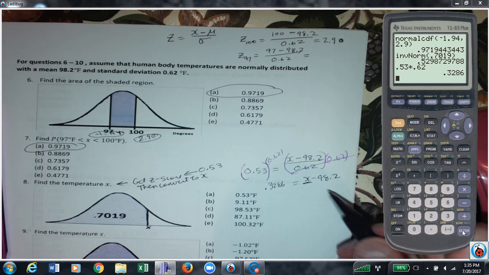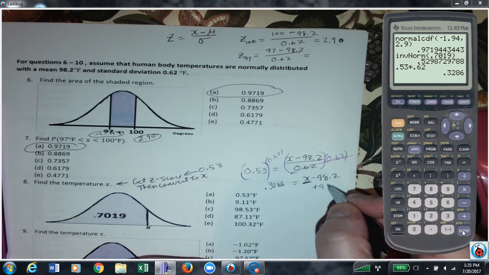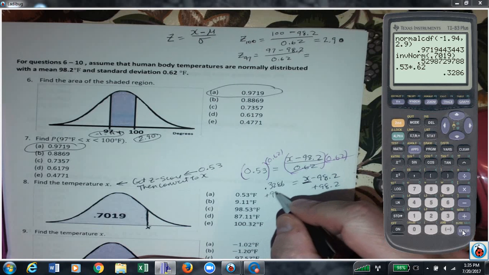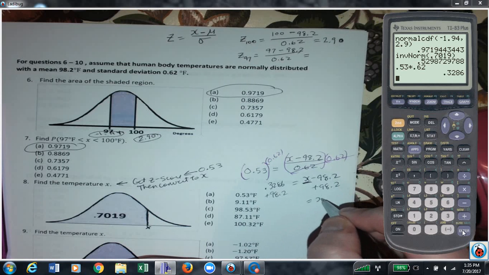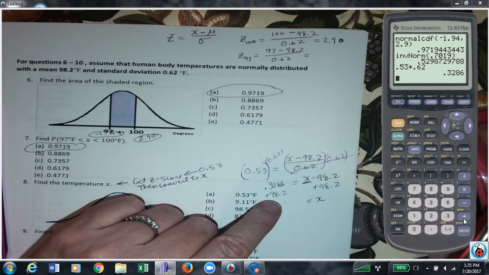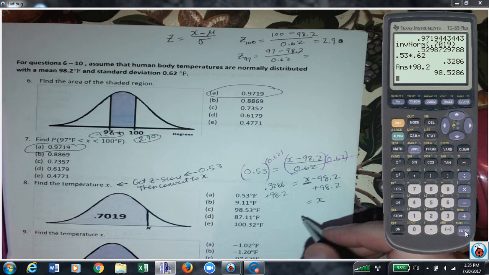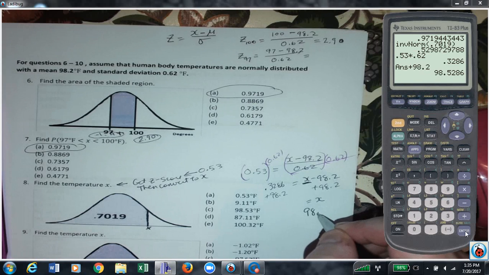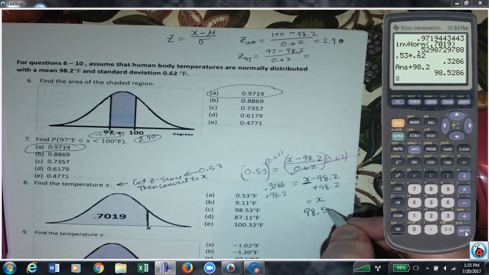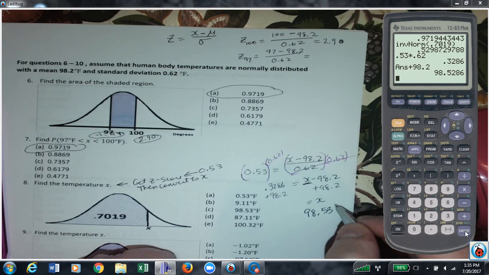How do I get x by itself? I add 98.2 to both sides. So plus 98.2. And I'm going to get 98.5. And if I take it to 2 decimal places, 3.